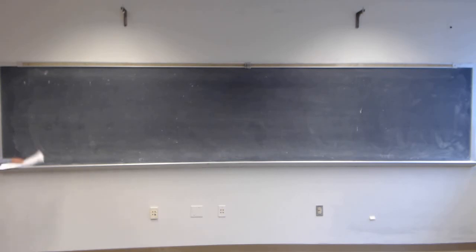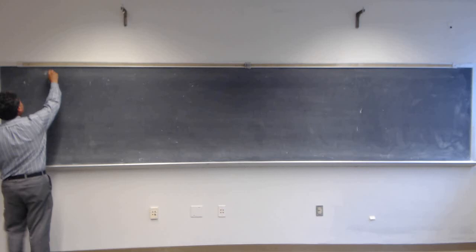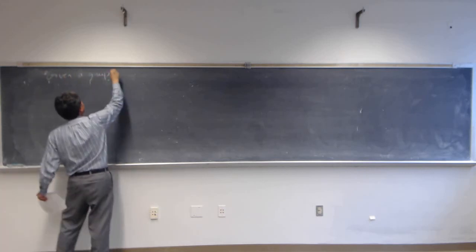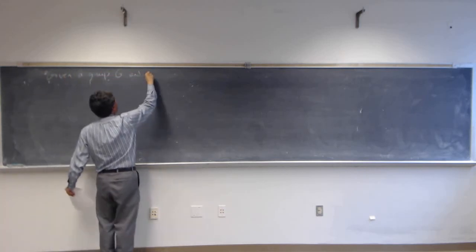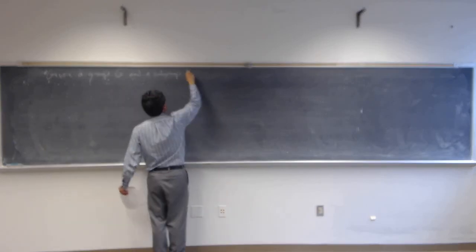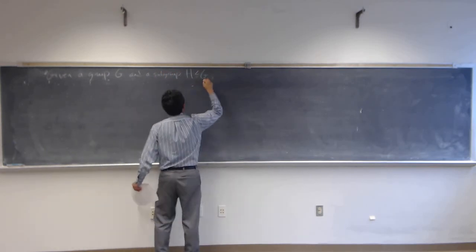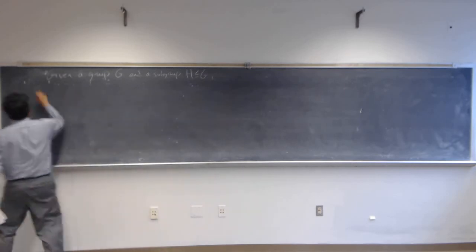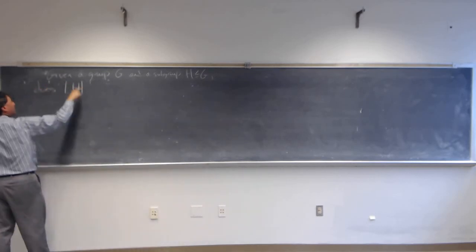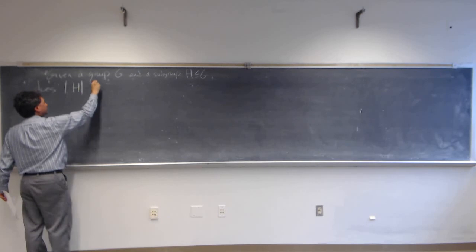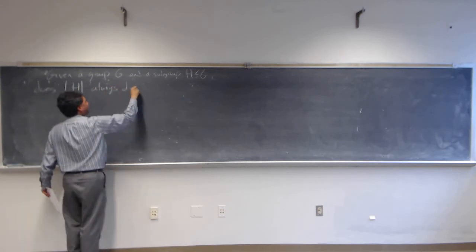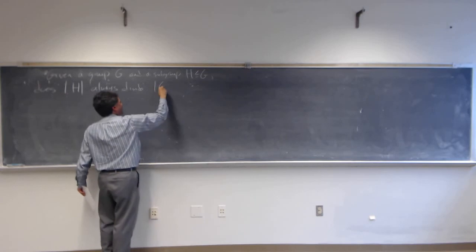So again, the motivation behind this is, given a group G and a subgroup H of G, does the number of elements in H, which we call the order of H, always divide the order of G?